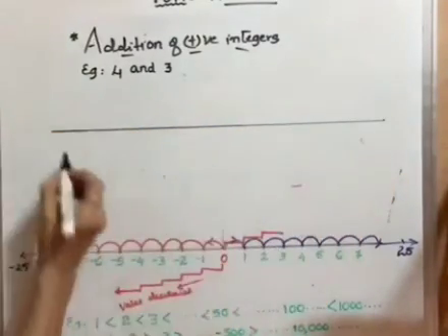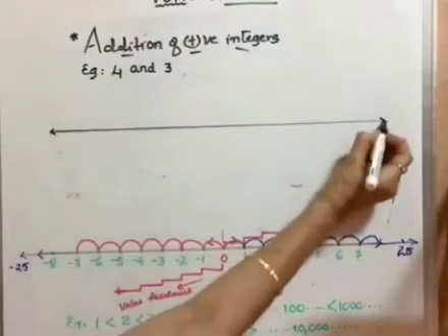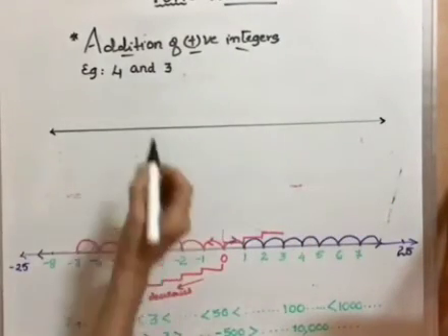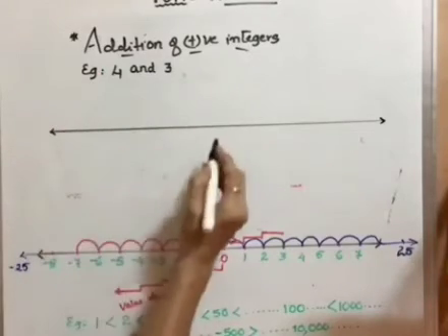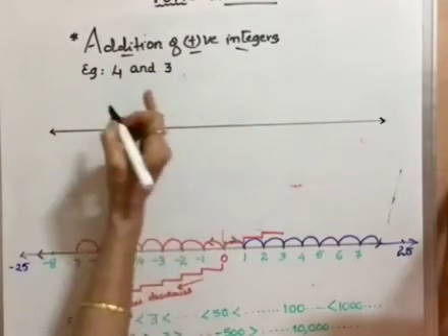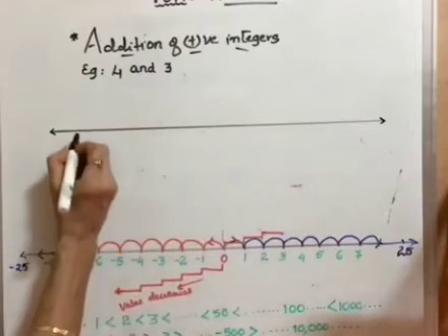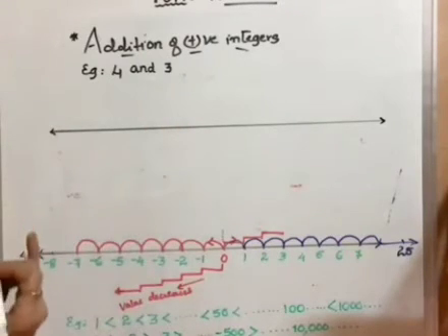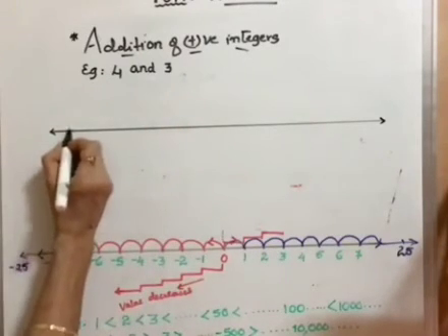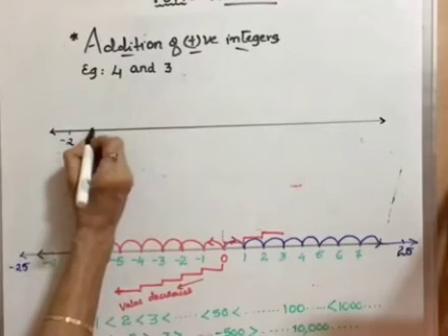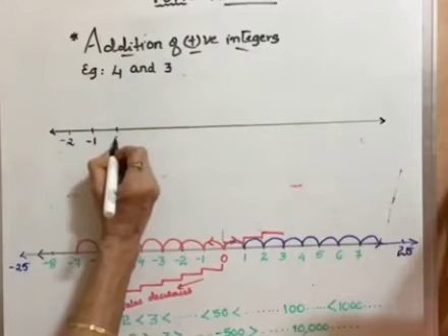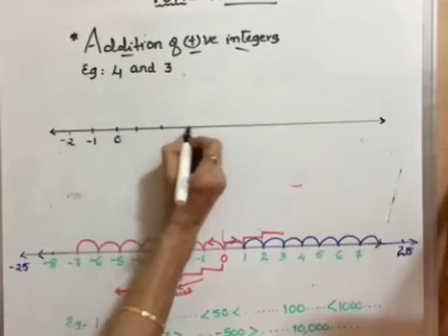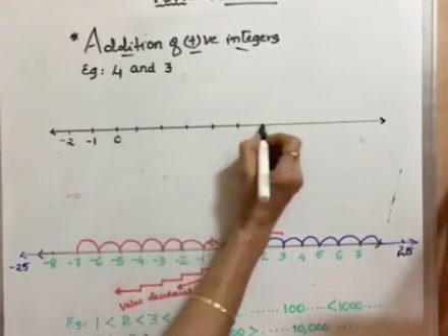On the number line, draw the number line. We are going to add 4 and 3, which are both positive, on the number line. Now, since I am adding only positive integers, I don't require many negative integers, but I will represent the negative side also to show that a number line contains both positive and negative integers along with 0.